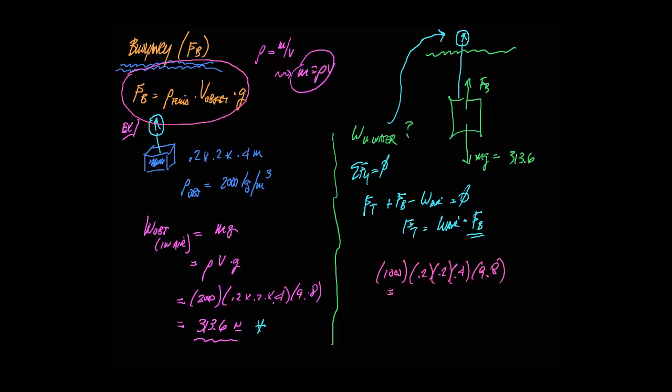If I do that, 0.2 times 0.2 times 0.4 times 1,000 times 9.8 gives 156.8. That buoyant force up is what we subtract. So the force of tension, which is the weight underwater, is 313.6 minus 156.8.